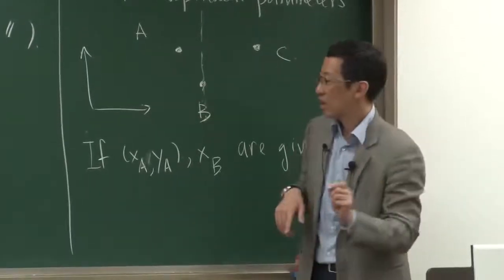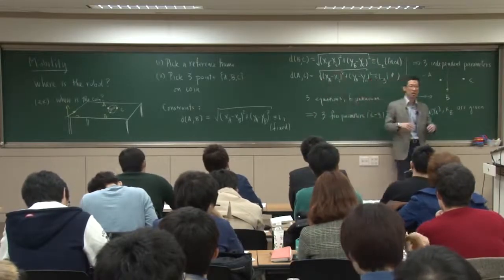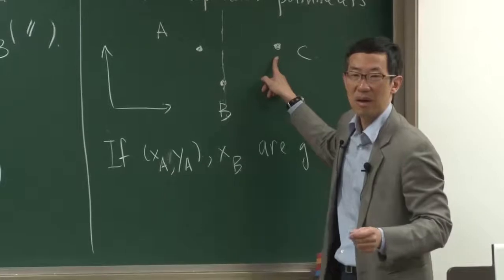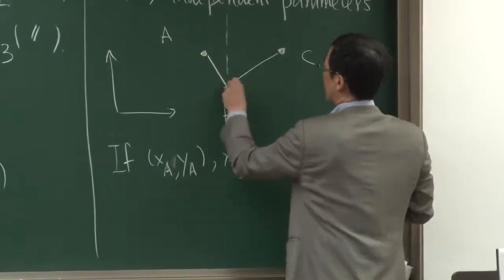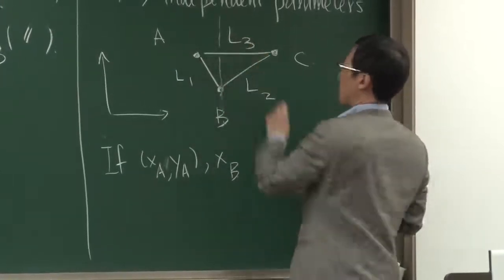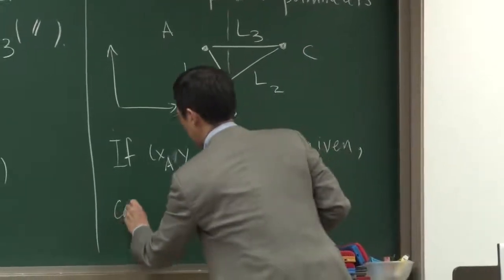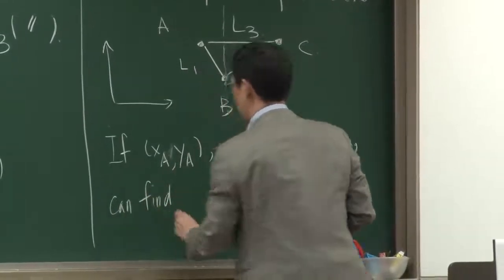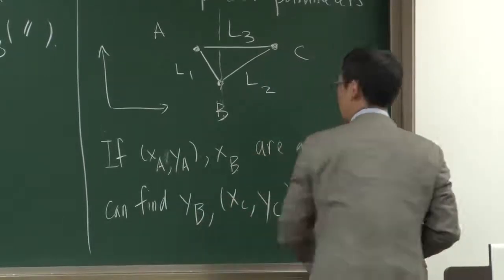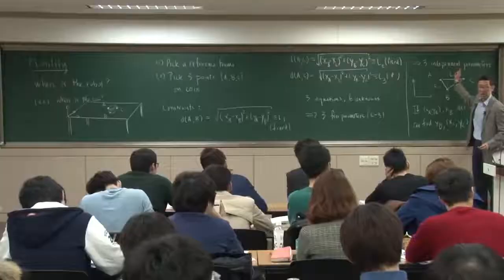Then using these 3 constraint equations, 1, 2, 3, we can figure out where the points B and C are. This distance is L1, this distance is L2, L3. Using the constraint equations, we can find the remaining coordinates, yb, xc, and yc. So that's what I mean by there being 3 independent parameters.